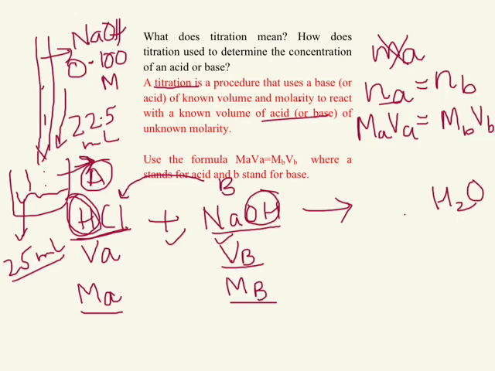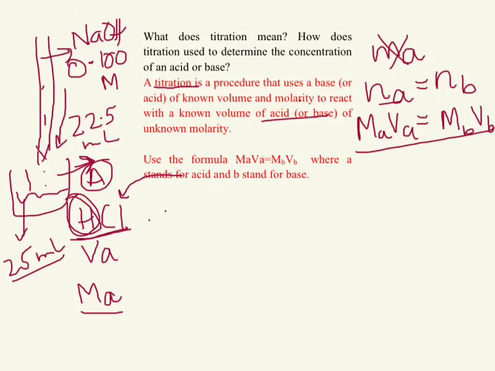Then what is the molarity of this acid? So going back to this formula here, what is the molarity of acid? That we have to find out. What is the volume of acid? We took 25 ml of acid in the beaker. What is the molarity of base? That was given, 0.100.